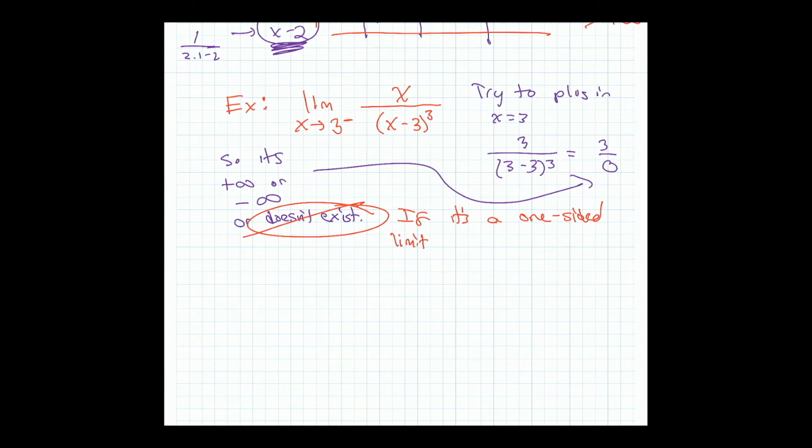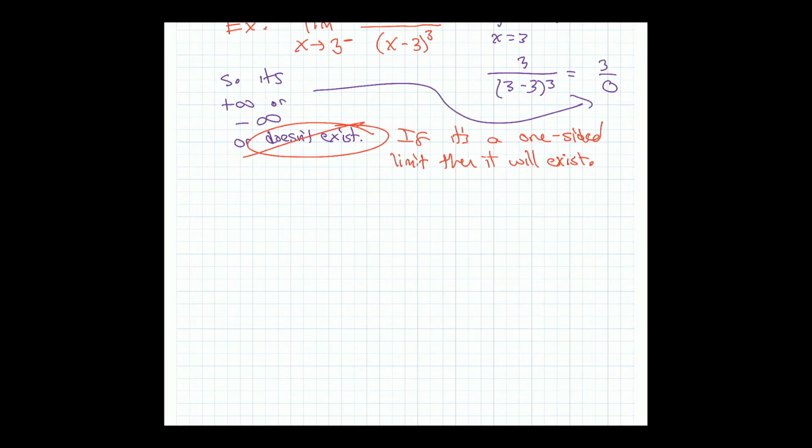If it's a one-sided limit, it will exist, but if it's a two-sided limit, then maybe it doesn't exist. This is a limit from the left. That's what the minus here indicates. So it does exist. We know it's plus infinity or minus infinity, so the only question is, which is it?